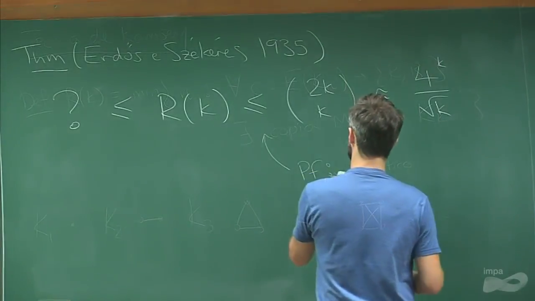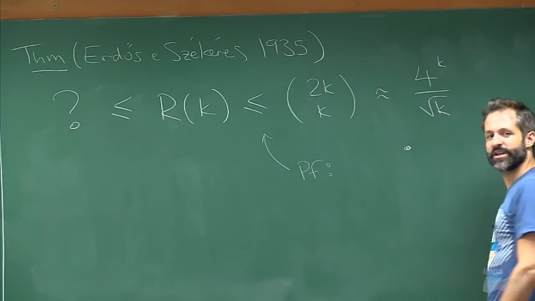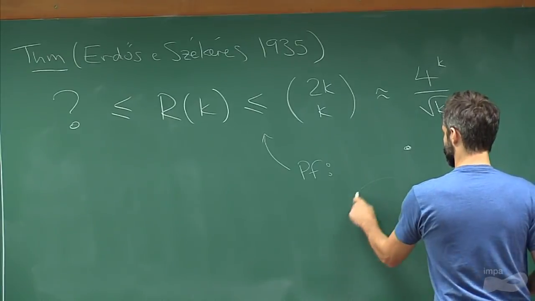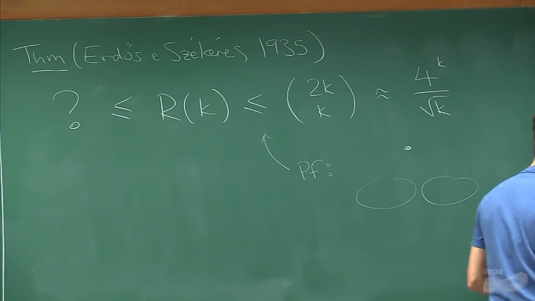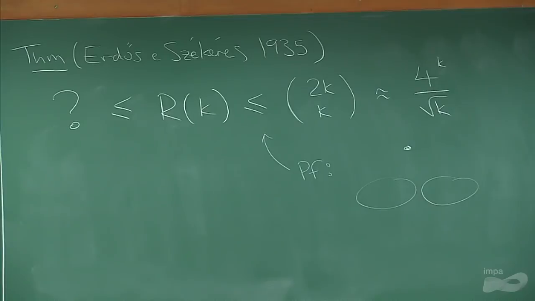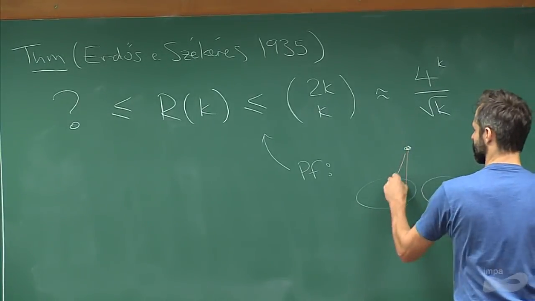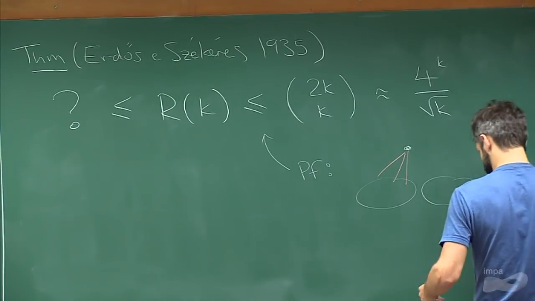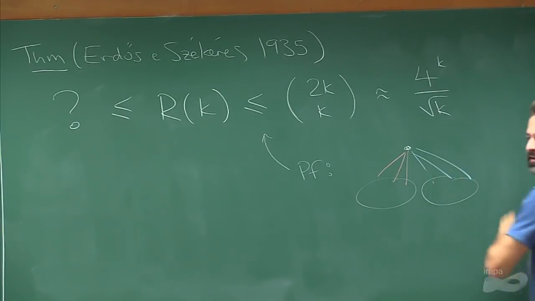Just take a vertex. That gives you a partition of the other vertices into two sets, given by the red neighbours and the blue neighbours.